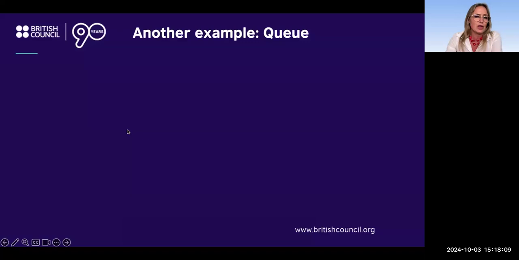Another example is cue. Now, I had a student years ago who was really struggling with vocabulary. He had learning difficulties. I'll stop sharing again, sorry. So he had learning difficulties, and he had a test at school, and he had to learn a list of words, and it was very difficult for him.